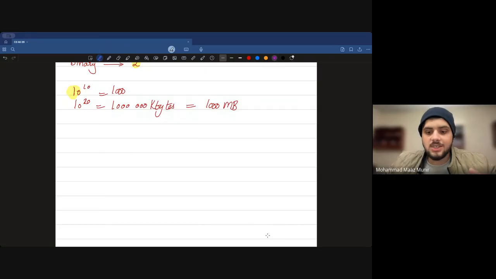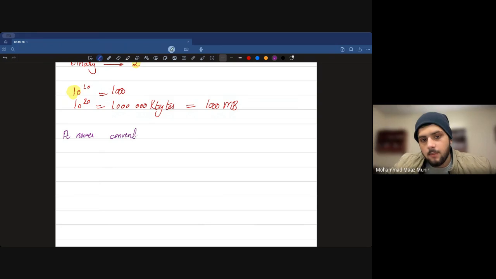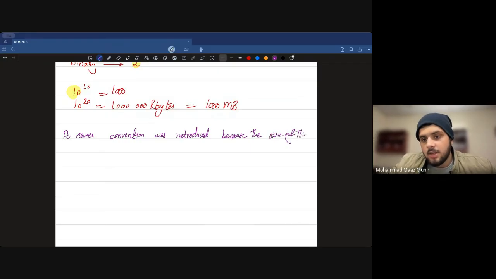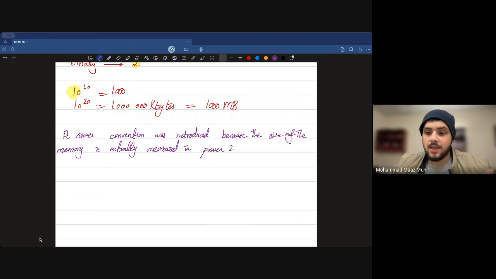Now you do not need to know this, but a newer convention was introduced because the size of the memory is actually measured in power 2. So we have only 2 raised to power something.